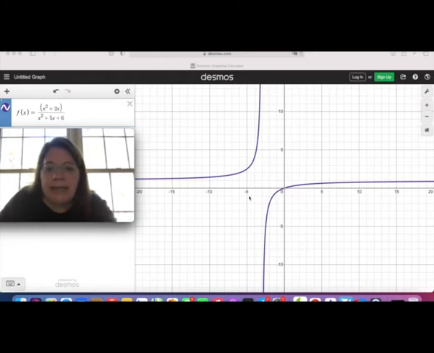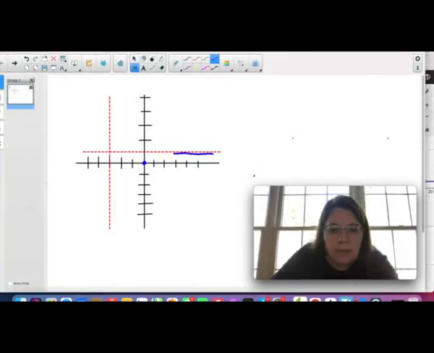So I'm going to go back now to the notebook, and we're going to look at the graph on our own, and it is diagonal like we said it would be. So we're going to make sure that we put a hole at x equals -2, and that we draw our graph through the intercept, and that we make this one approach our asymptotes in the notebook. I'm making sure that I'm very close to the asymptote.